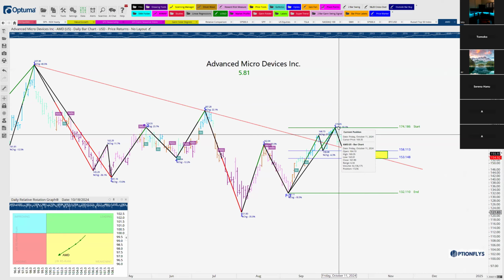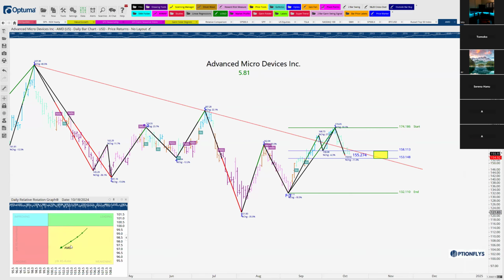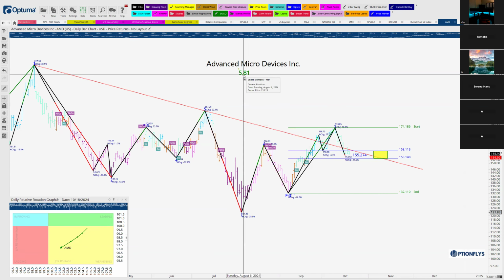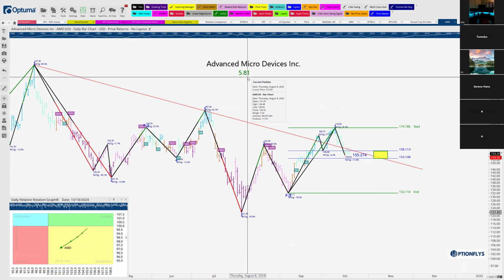Here, see, it's weakening. Still got a go signal there. It's only 5% year to date, and NVIDIA is about 178%. We just looked at it. 178 compared to 5 lousy percent. Think about it for a second. Why would you even buy AMD?